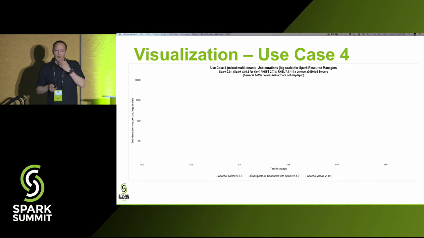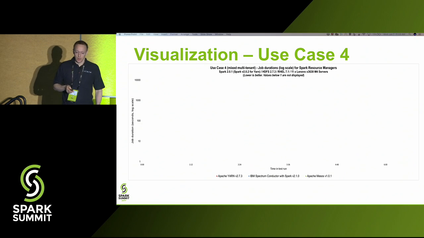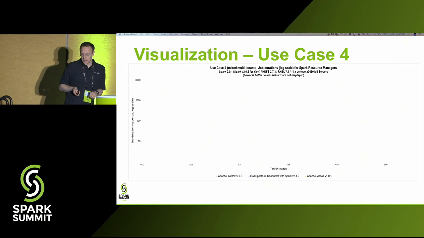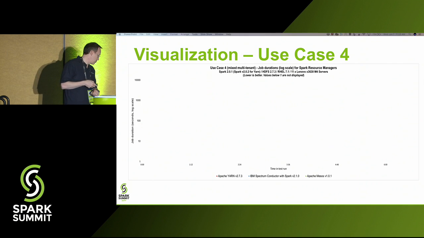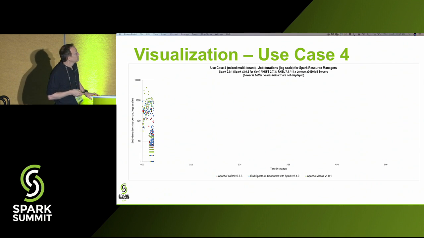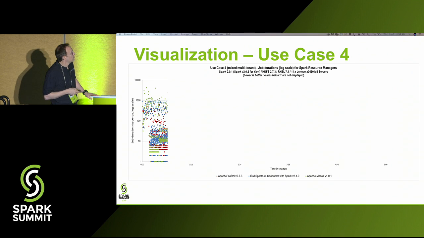Okay. All right. Now we're at use case 4. This is the one with some quality of service constraints in it. And you're going to notice that the scale is a little bit longer, actually a lot longer in this one, and the reason for that will be apparent in just a moment. So let's go here. We've got some big outliers already.